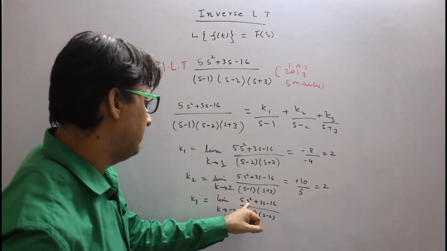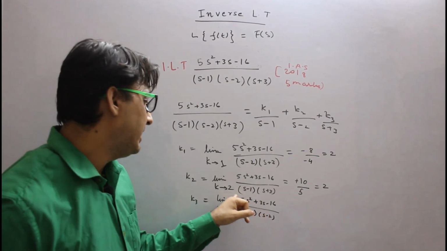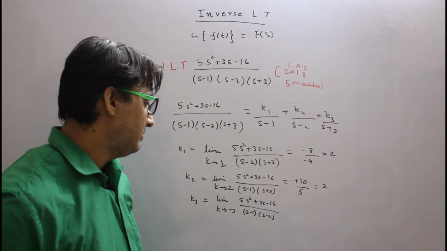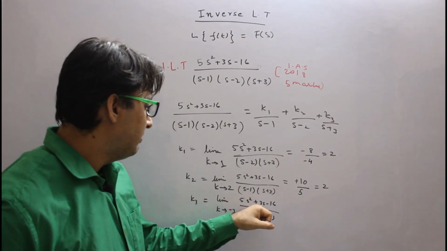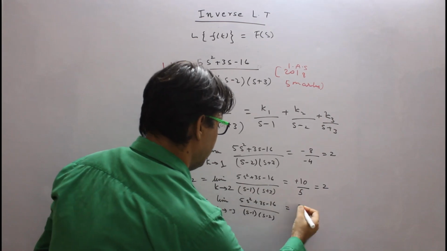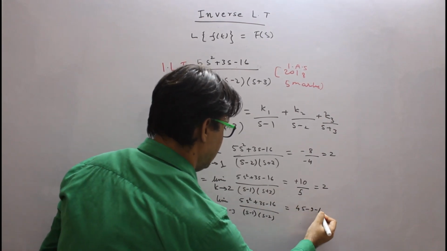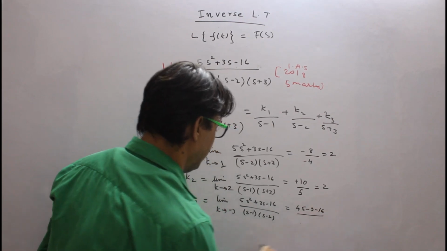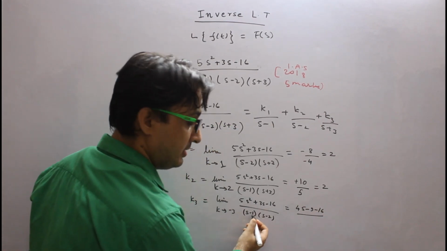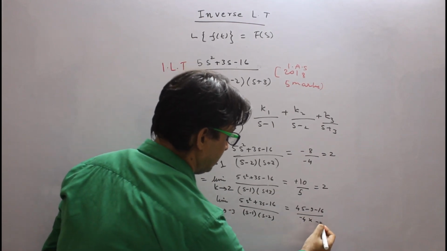So here again if we put minus 3, square is 9, 9 into 5 is 45, 45 minus 9 minus 16, divided by minus 3 minus 1 is minus 4 into minus 3 minus 2 is minus 5.